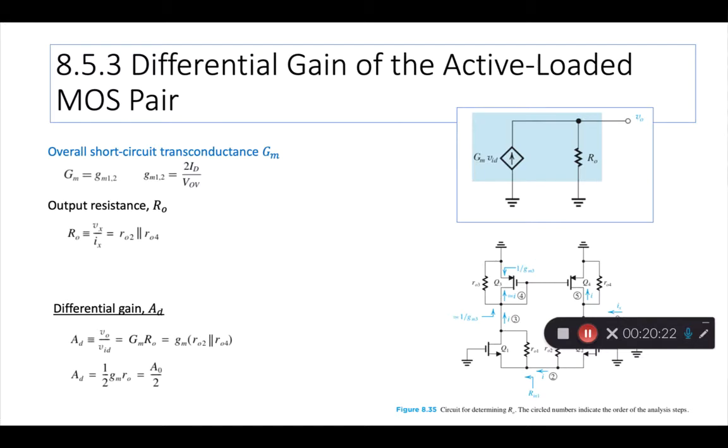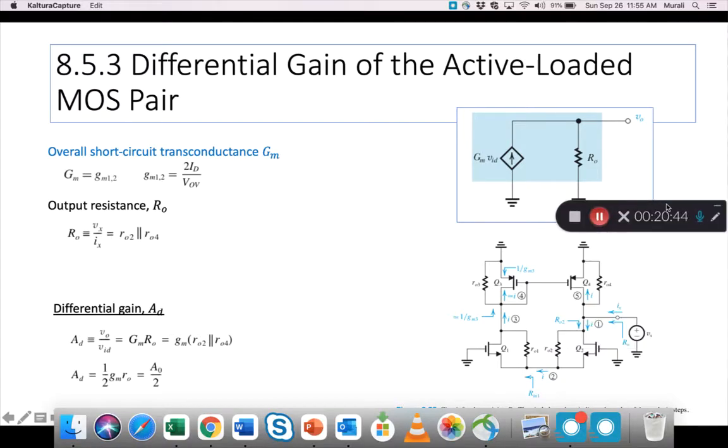Okay, now you can still take the output single-endedly, no problem. But when we say differential gain, don't get confused. What it means is the gain for differentially inputted signals. That means the signals are coming in to Q1 and Q2 in a differential manner, right?